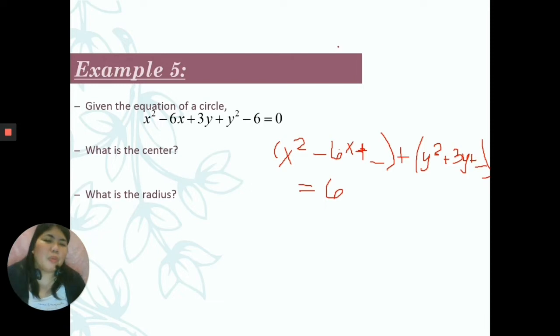So now we have this equation: x squared minus 6x plus blank plus y squared plus 3y plus blank equals 6.